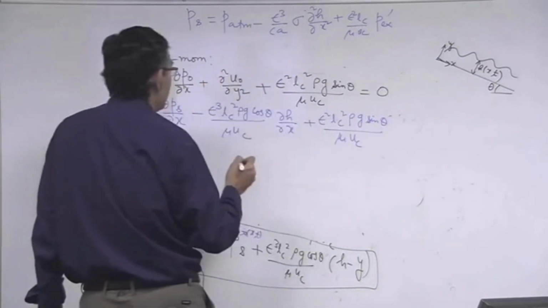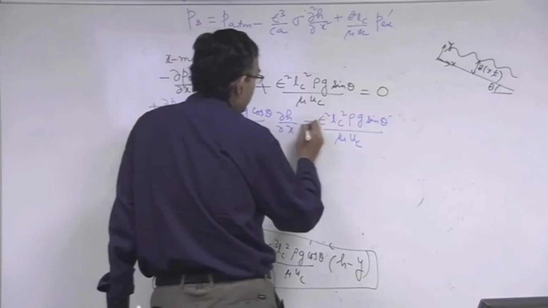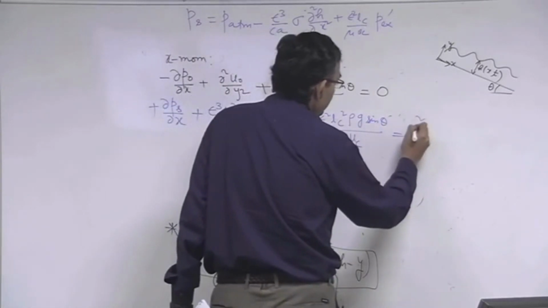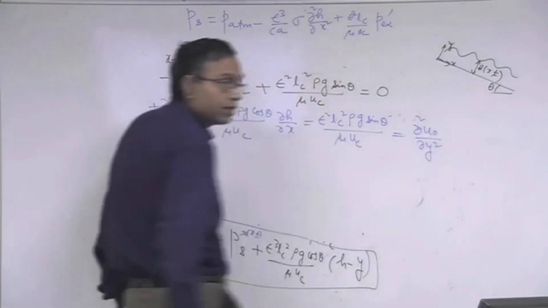So, what we will do, we will alter this sign, I will write it as del square u0 del y square.